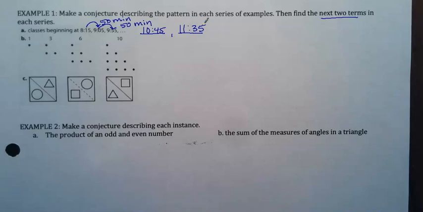Okay, B may be a little more difficult for some of you to find the pattern and how it's growing. So always look at what you know. If you start off in pattern 1, you just have this one dot.